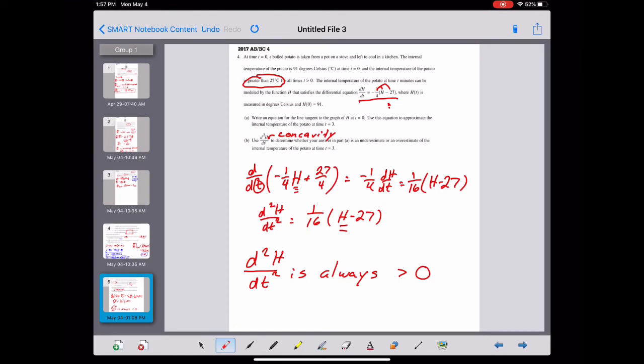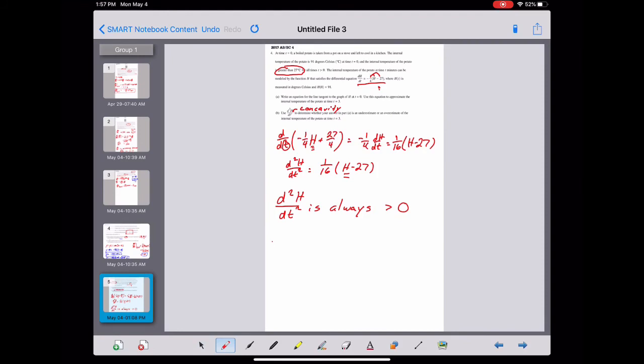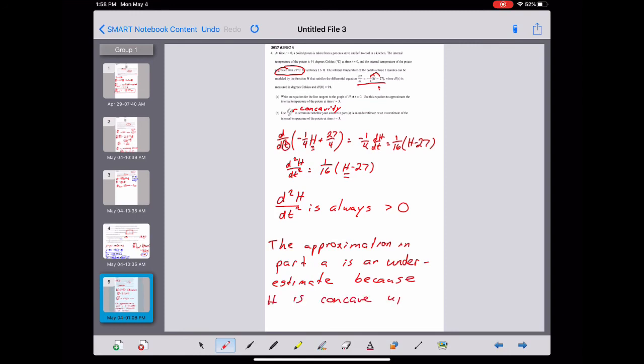So just to answer the question, I would write: the approximation in part A is an underestimate because h is concave up, and then I might even clarify because the second derivative is positive at t equals 3.